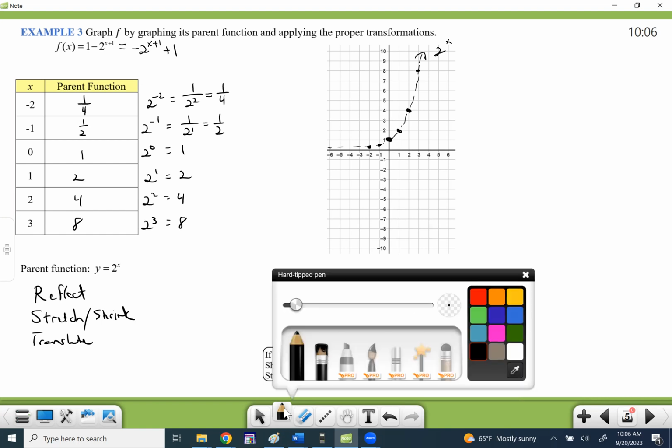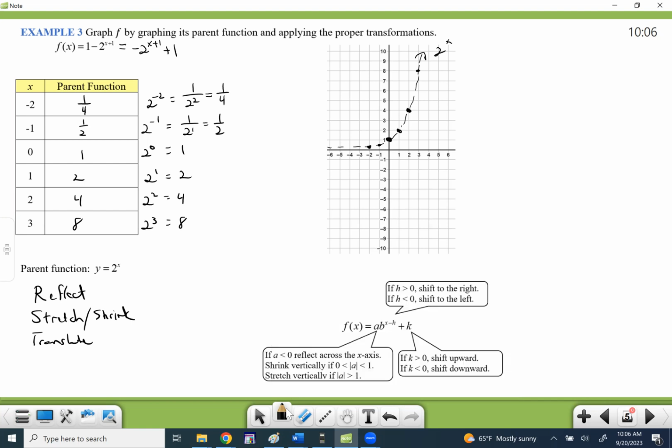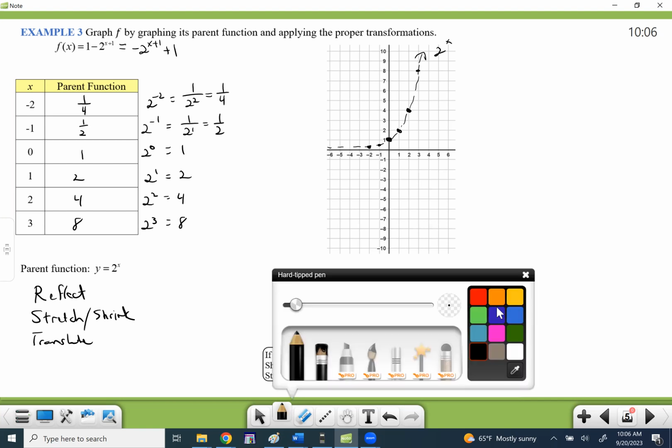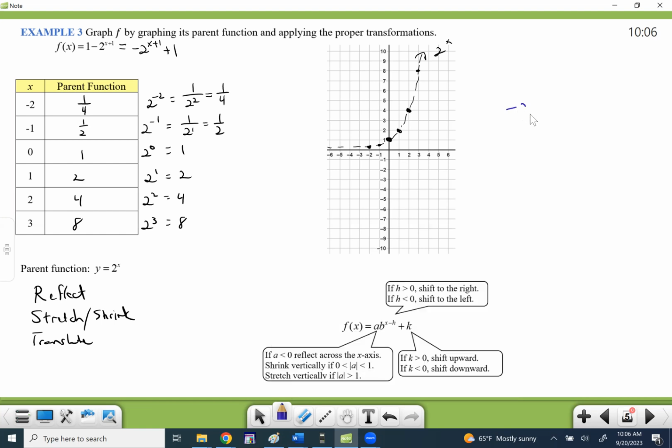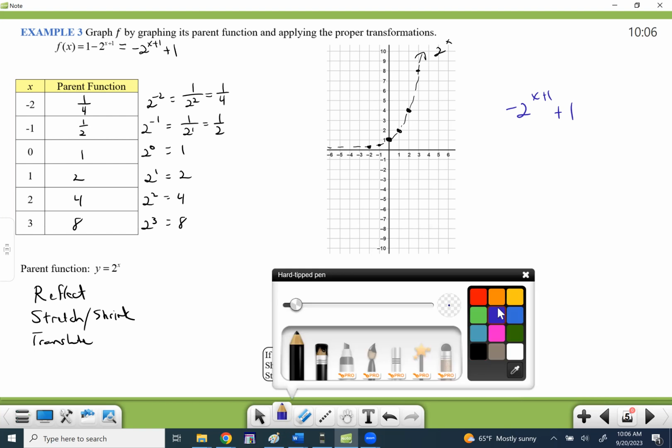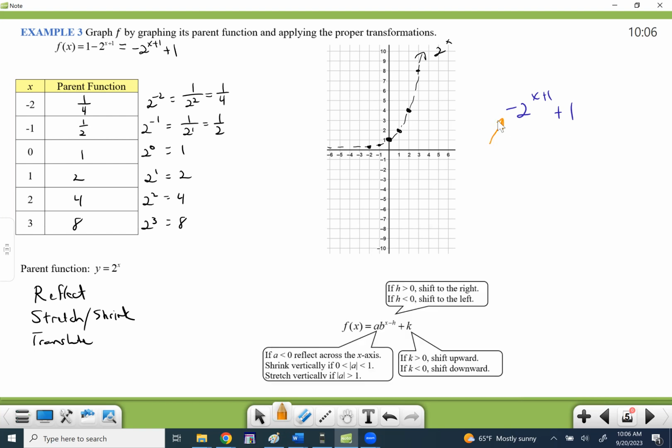So we're going to reflect because of, let's just kind of analyze this guy. We'll put him over here where we can write about him. The negative out front is what's going to make it reflect over the x. So let's start there with the R, the reflect.